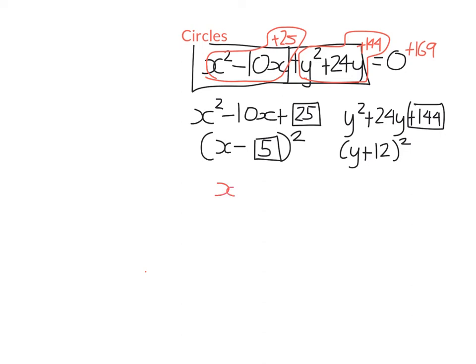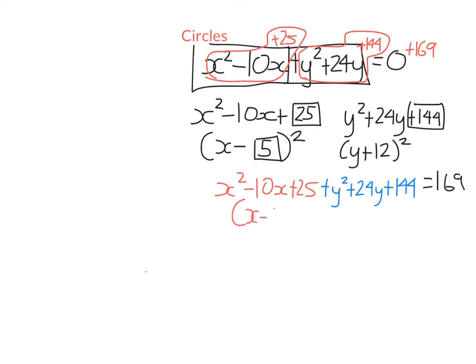So what I have, just to be clear, is x squared minus 10x plus 25 plus y squared plus 24y plus 144 is equal to 169. So by completing the square, I'm able to write it like this: (x minus 5) squared plus (y plus 12) squared is equal to 169.